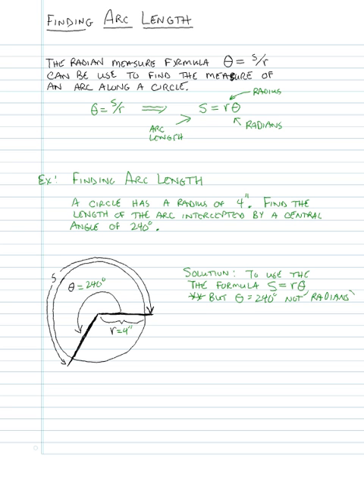Oh, I didn't state that very well, did I? To use the formula, theta must be in radians, not degrees. And so that's the problem that we run into right away.